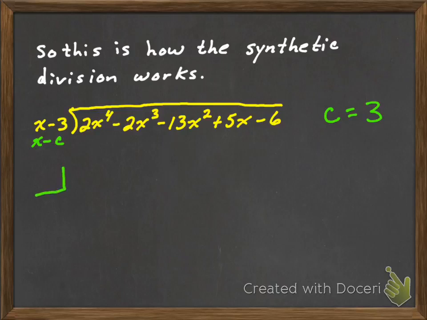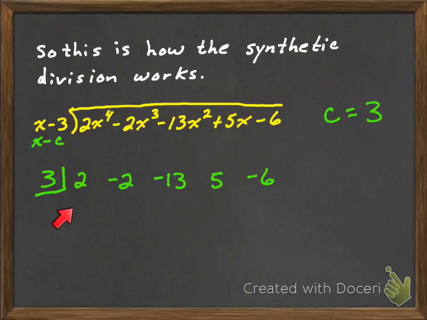You're going to put a little half of a box right here, and in that box you are going to put your c value. So in this situation, the c value is going to be a 3. To the right of this box, you are going to put the coefficients of all the variables of the descending powers. So we're going to have a 2, then a negative 2, then a negative 13, then a positive 5, and then a negative 6.